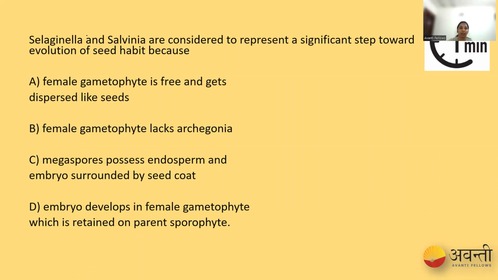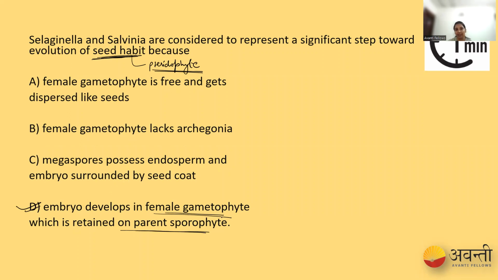Remember this very important point: the precursor of the seed habit is observed in the pteridophytes. Precursor means the symptoms. What are the symptoms of the seed habit? That is, the embryo develops in the female gametophyte which is retained on the parent sporophyte.